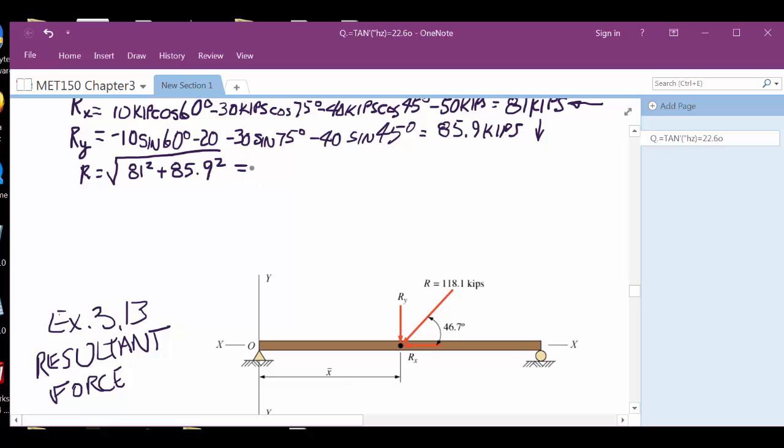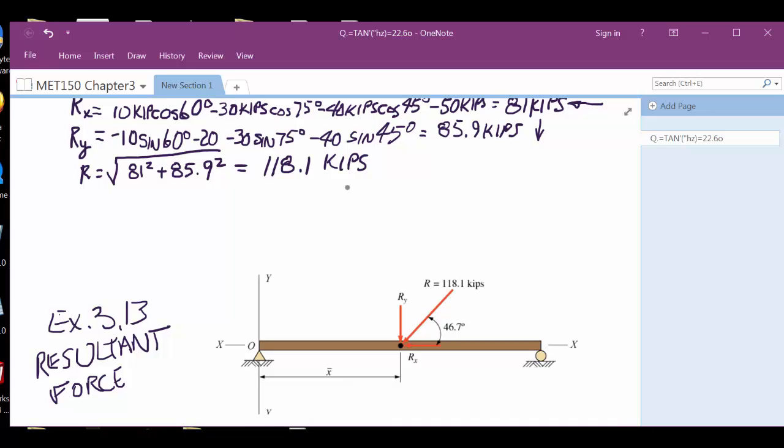You punch that in your calculator, and I think you're going to get 118.1 kips. You won't get kips, but you'll get 118.1, I hope. If not, you did something wrong. I hope the book's not wrong.